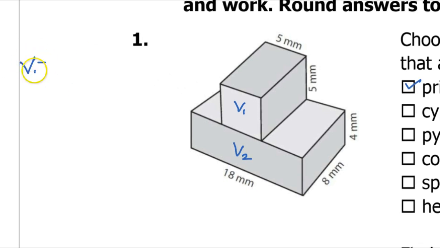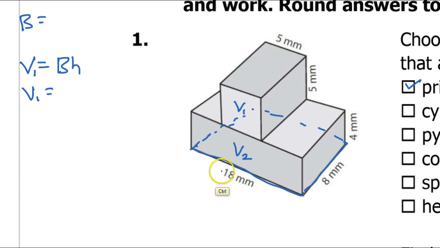The volume of a prism is just the area of the base times the height. I like to find the area of the base first. I'm looking at the area of the base as being this rectangle. That's my base.